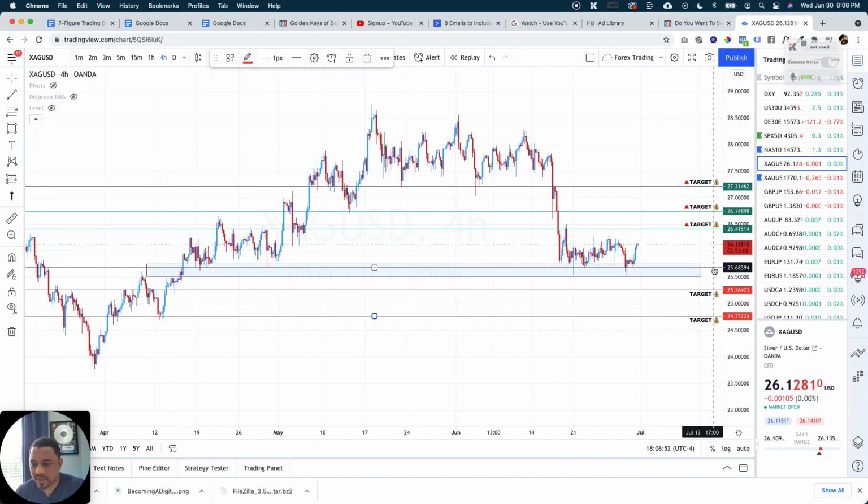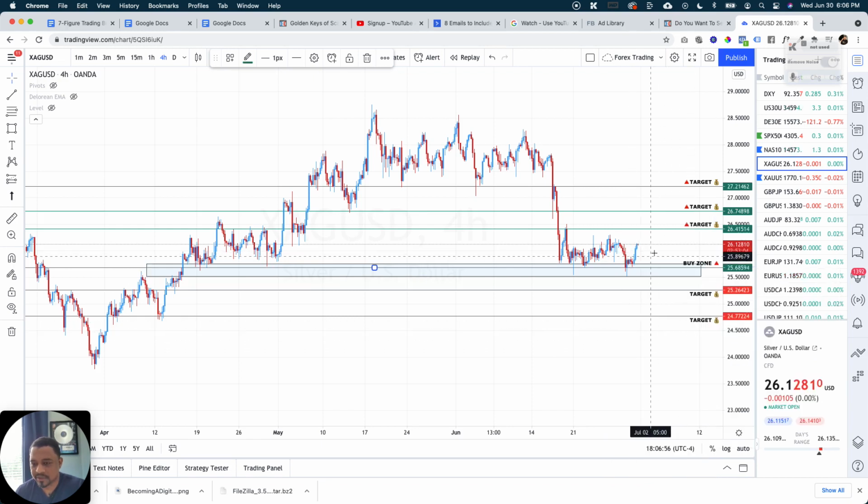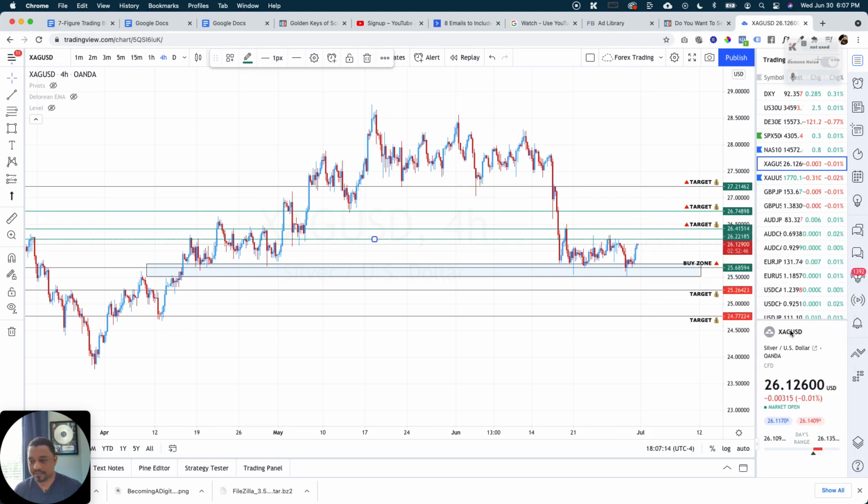This line right here would have been my buy zone. So as you can see, it's already in that zone. Now we'll just look to see what happens from here. As this is already gone, the next buy zone will be right here.